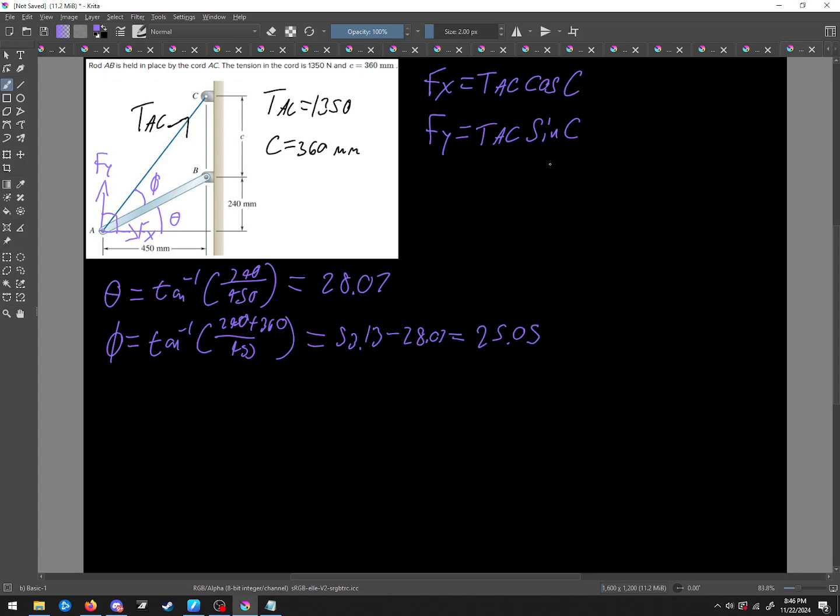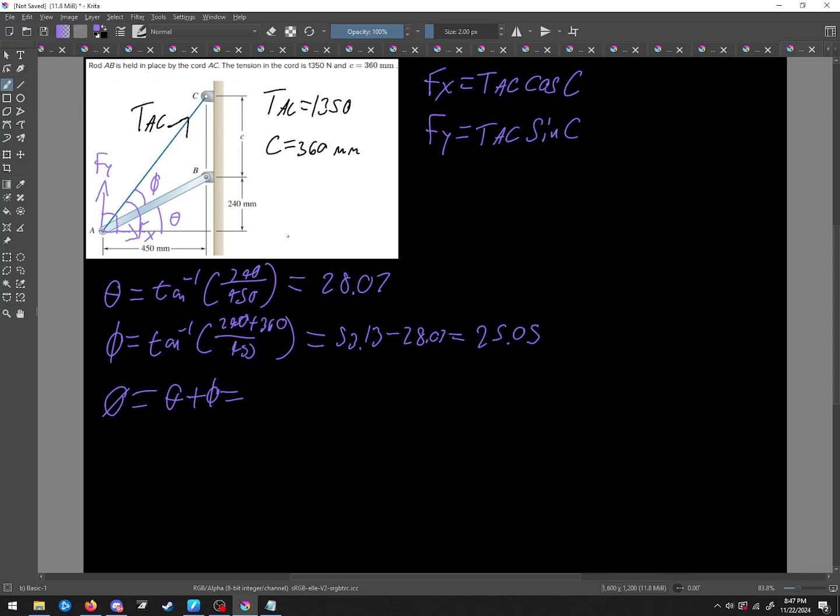Looks like we have to combine those two. So the real angle is going to be theta plus phi, because we want this angle here.